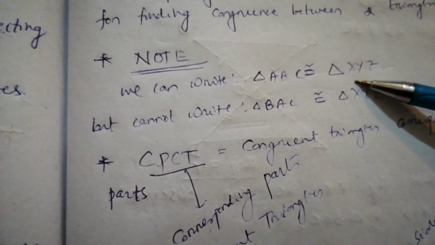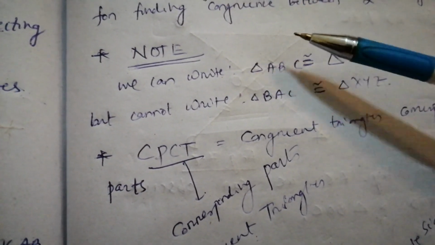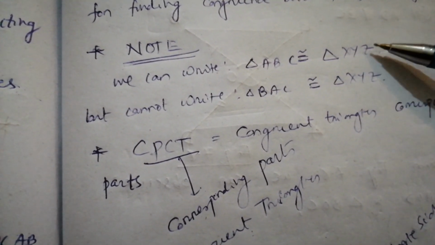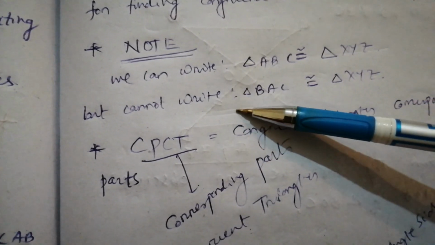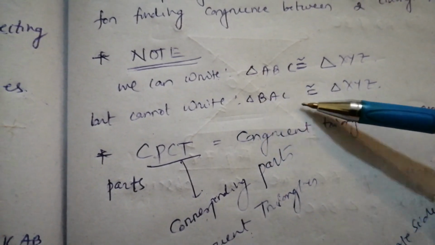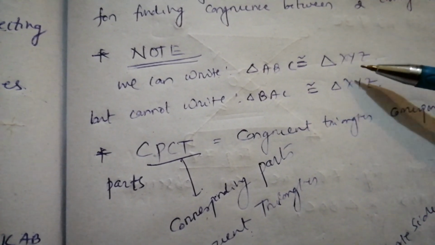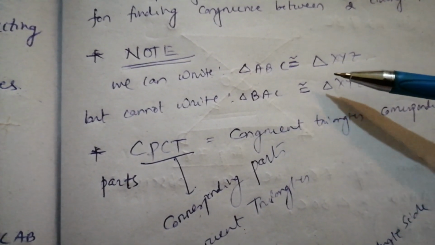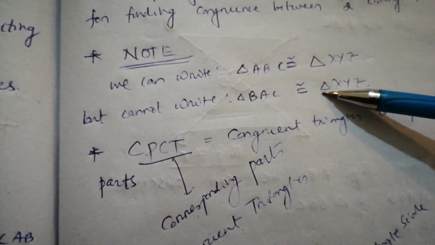Now, we have to note something. We can write triangle ABC is congruent to triangle XYZ, but we cannot write that triangle BAC is congruent to triangle XYZ, because the correspondence is not right here.